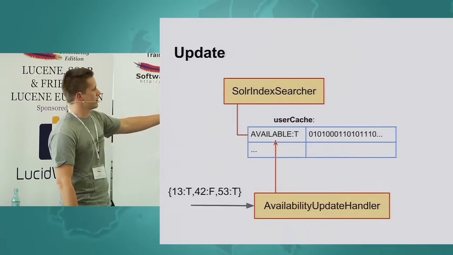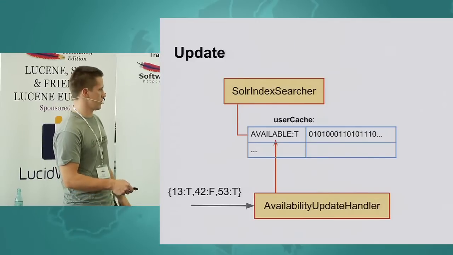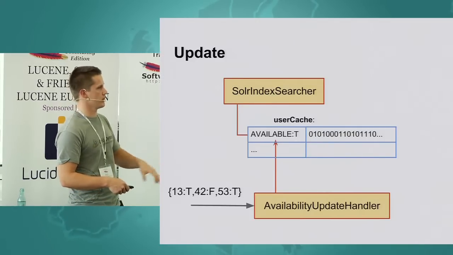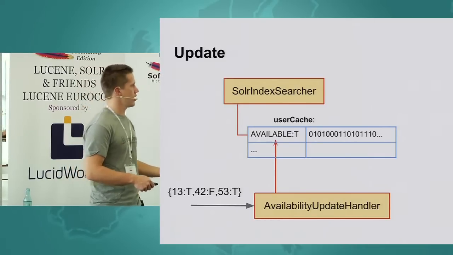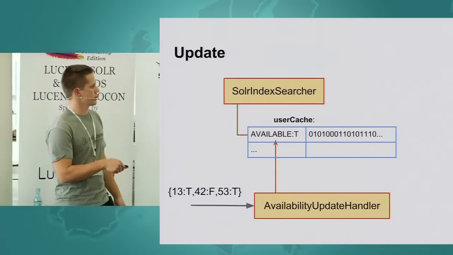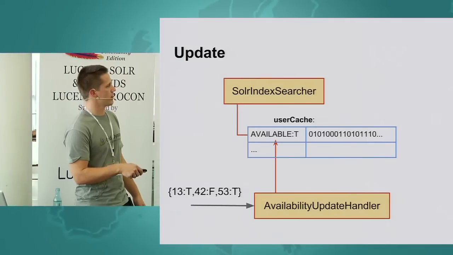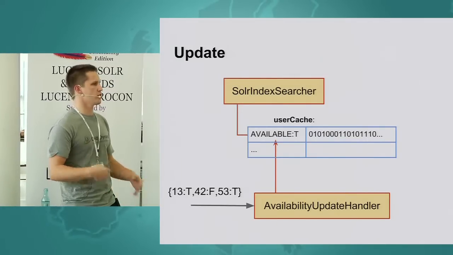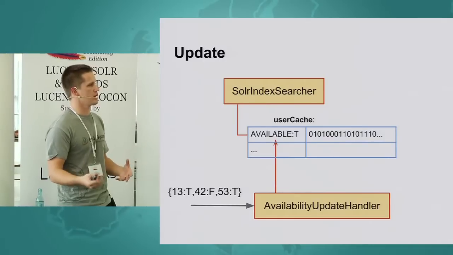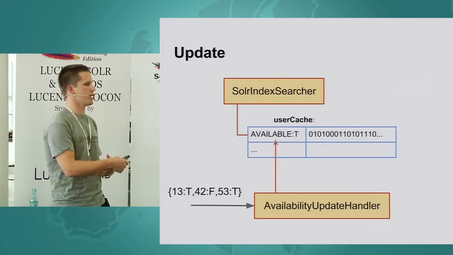When you need to handle an update, you have a special search handler which does not search, but handles a simple JSON format and puts it in as a new bitset. So it recalculates the bitset every time and puts it into this cache.